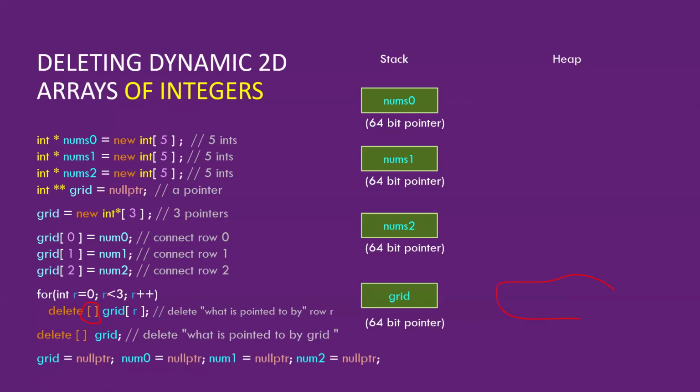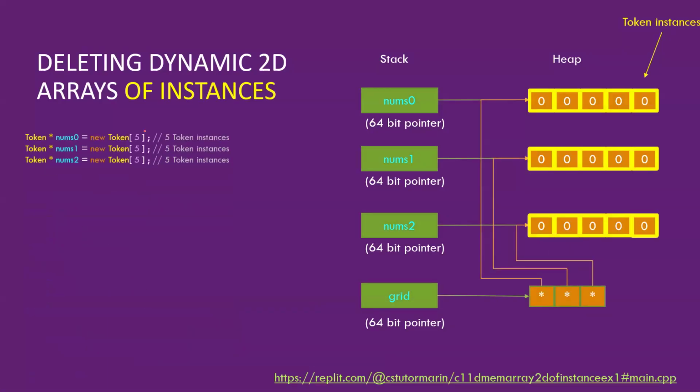Okay. So just like we can do this with integers, we can do this with any instance of a class as long as that class has a default constructor. So we're saying, hey, create 5 tokens. These are really just instances of the class called token sitting right there inside of that array. So it's not a pointer to a token, it's an actual token, okay?